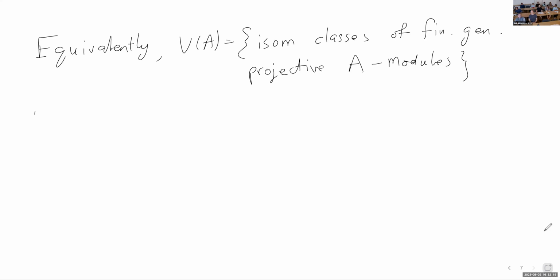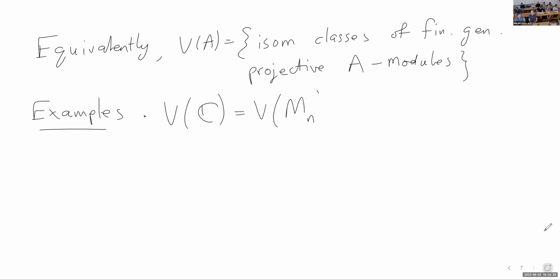All right, let's have some examples of some possible semigroups we get from C-star algebras. So first of all, the semigroup associated with the complex numbers is the same as the semigroup associated to any algebra of n by n matrices. It's the same as for the compact operators, and it's just the natural numbers.